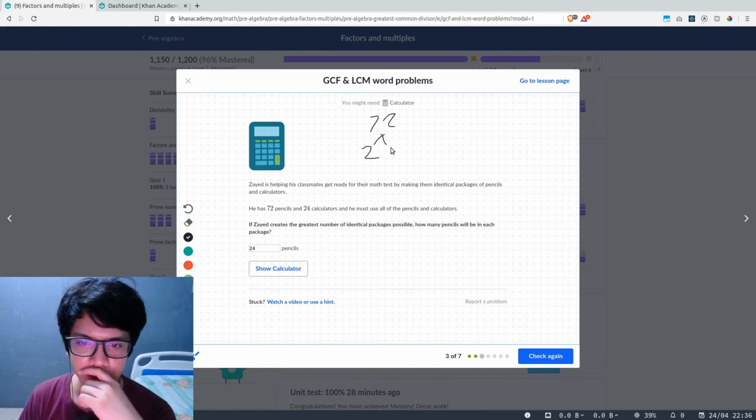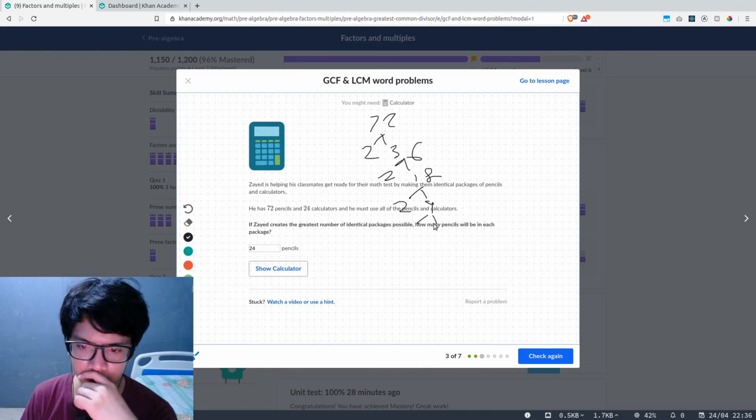Am I being hasty? How many pencils will be in each package? 72 pencils. 3 packages, 24 pencils in each package. Are you shitting me? 18, 9, 3, 3.